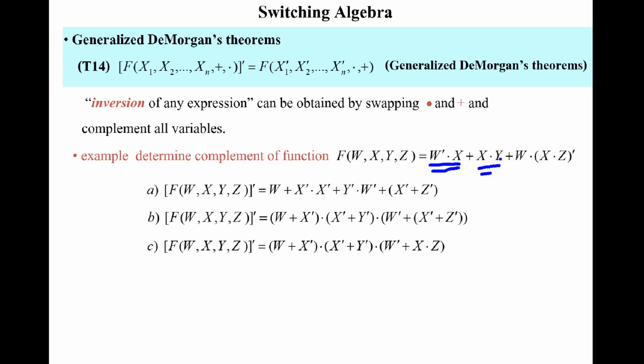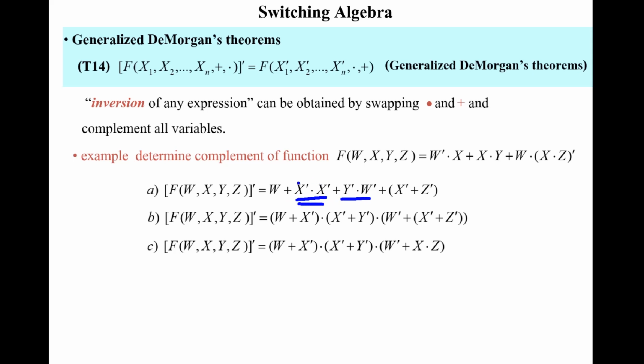X and y first, right? W and x and y, W and x and z prime first, right? And then all these terms together. But for this expression, you write this one. What happened?